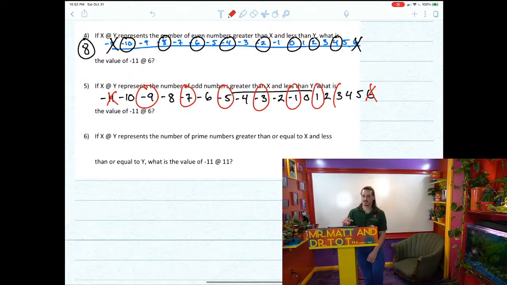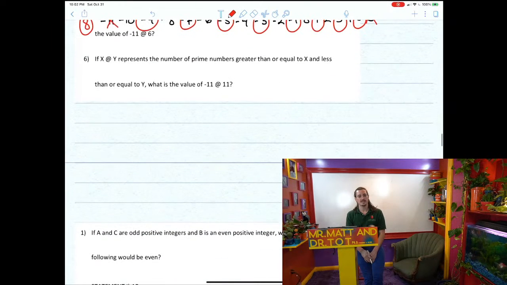And number 6, so if x @ y represents the number of prime numbers greater than or equal to x and less than or equal to y, what is the value of negative 11 @ positive 11? So now we're greater than or equal to x and less than or equal to y. So these endpoints are inclusive to the domain. That means that we can include them.